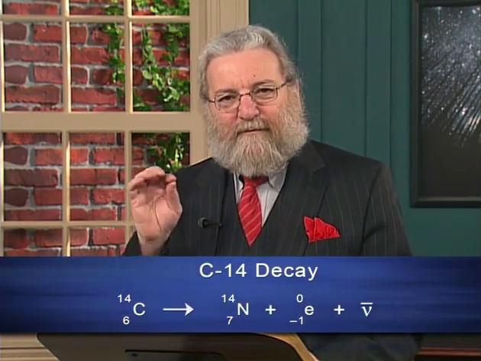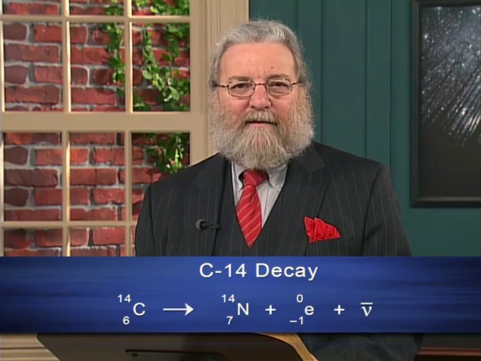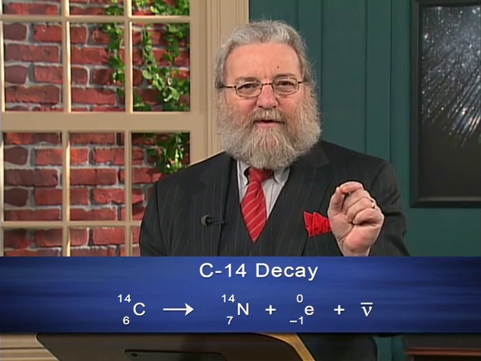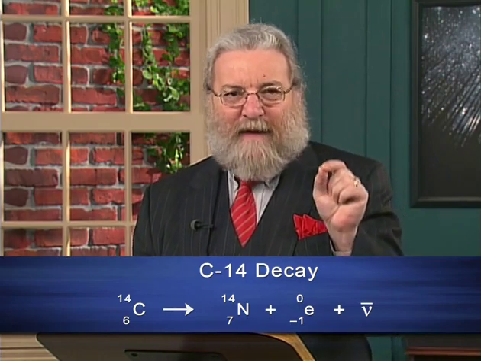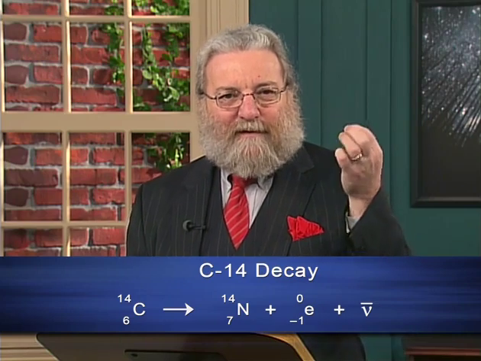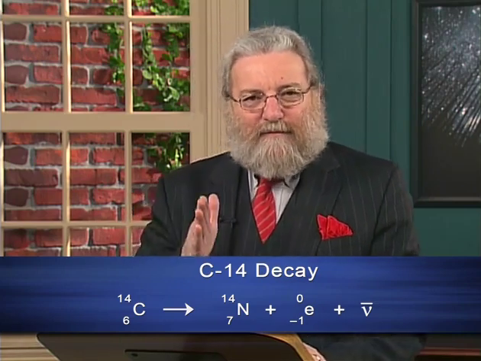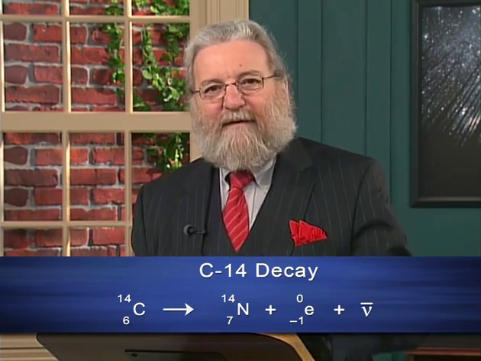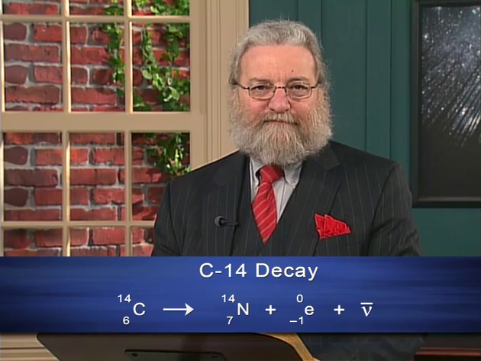C14 goes to N14 plus an electron plus the inevitable antineutrino. As one of the neutrons in carbon, which is now out of balance because there's 8 of them to every 6 protons, flips over a quark, turns into a proton, and moves carbon back up 1 step in the periodic table to nitrogen, giving off the negative charge that it needed to do that.